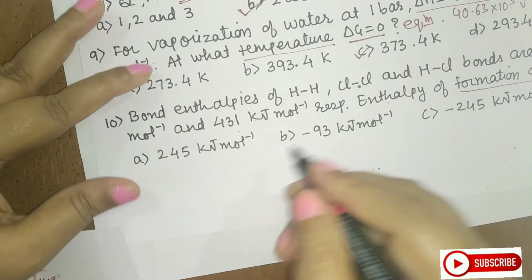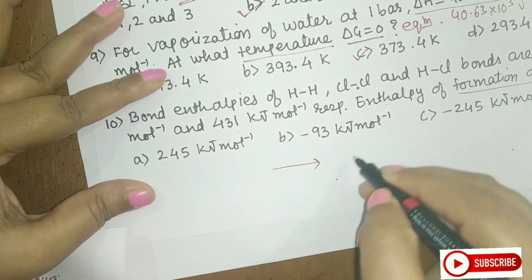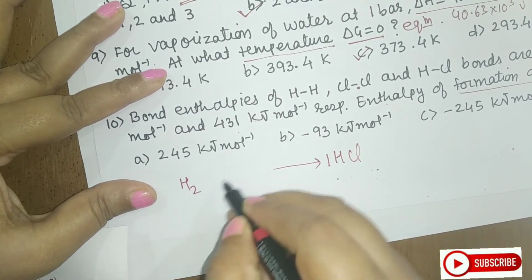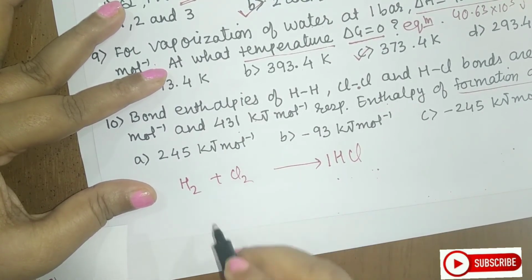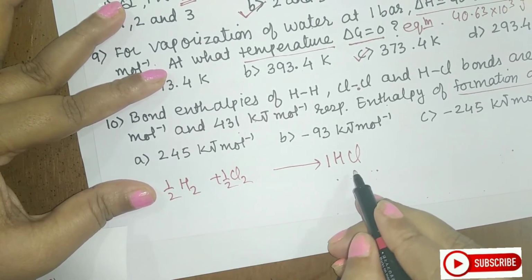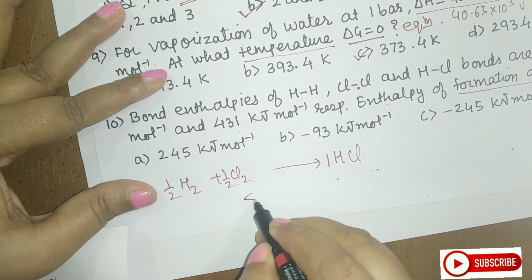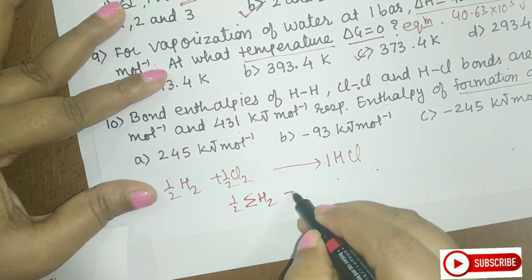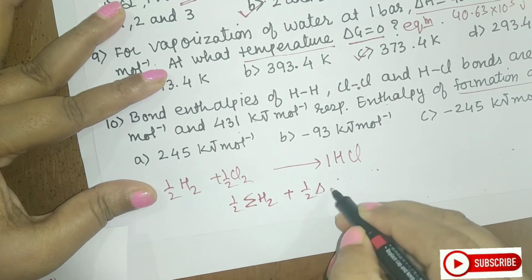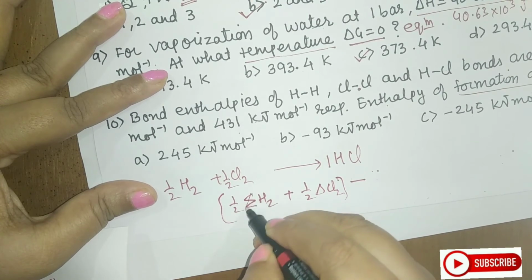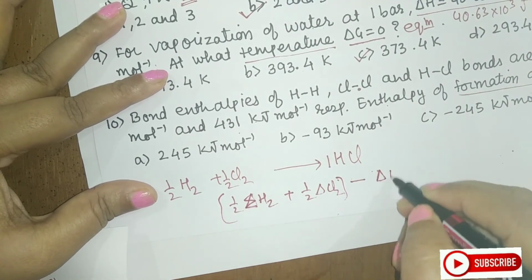So what will be your equation, student? HCl, what should be formed, should always be 1 mole. So what I will take is H2 plus Cl2. So this will be half and half, forming 1 mole. So what will be here now? Summation of enthalpy of hydrogen. It should be half, plus half enthalpy of Cl2, minus total enthalpy of HCl.